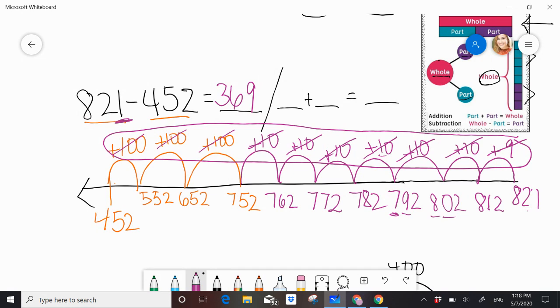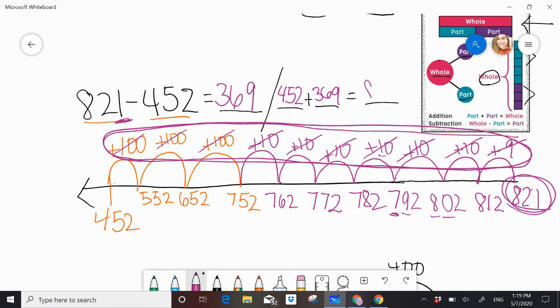Now I can write it as an addition sentence as well and check my work. 452 plus, when I add on this mystery number, 369, I do end up with 821. If you like this way, you can check your work by then doing this addition in your brain.